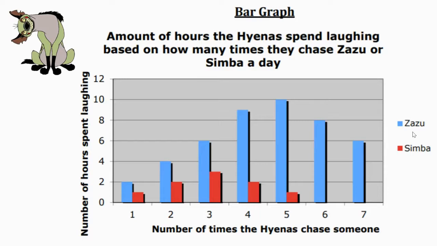What is an example story that could be told by looking at this graph? An example story that could be told from this graph is that the hyenas laugh a lot more when they're chasing Zazu compared to Simba. What this means, possibly, is that they have a lot more fun chasing Zazu than they do chasing Simba.